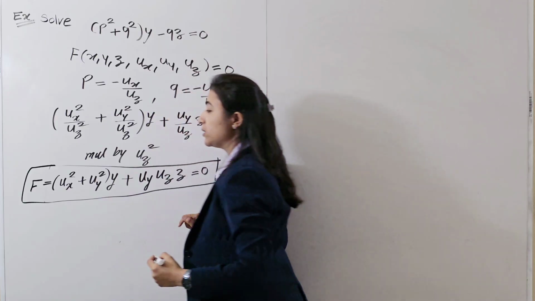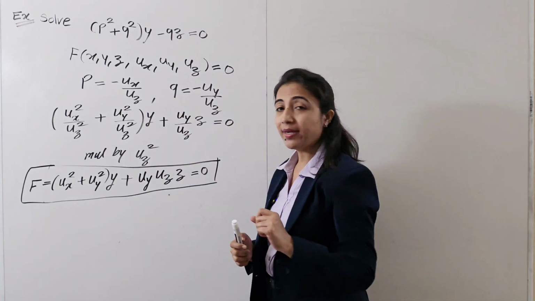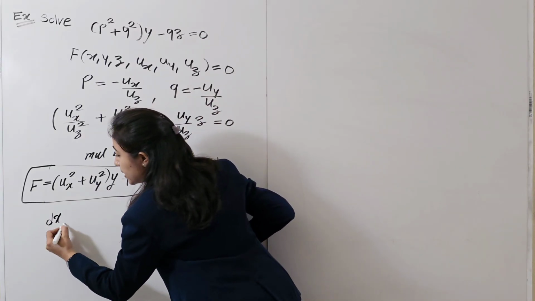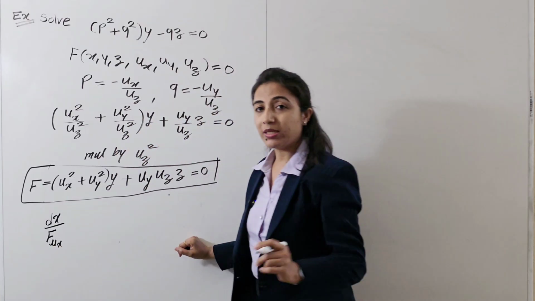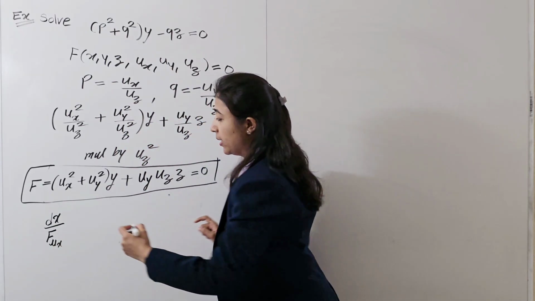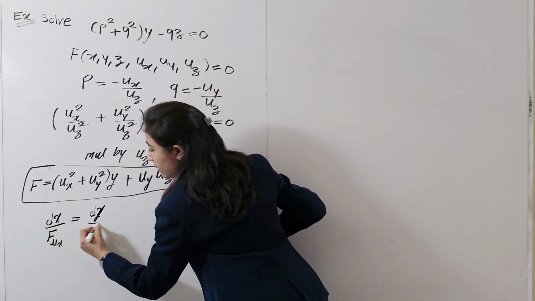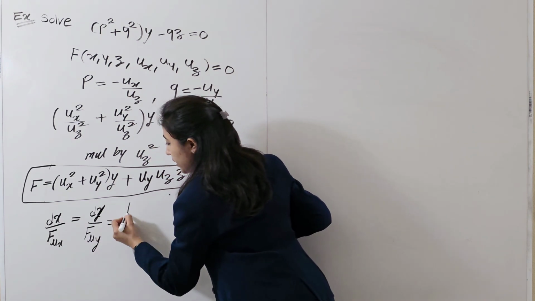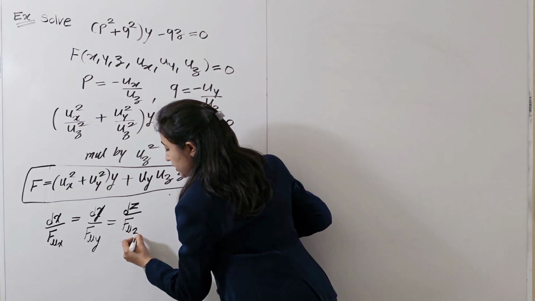So why are we finding this function f? Because we are using the Jacobian method, and in the Jacobian method the auxiliary equations are: dx divided by f lower suffix ux, the lower suffix representing the partial derivative of function f with respect to ux. Then the next auxiliary equation is dy divided by f uy equals dz divided by f uz.